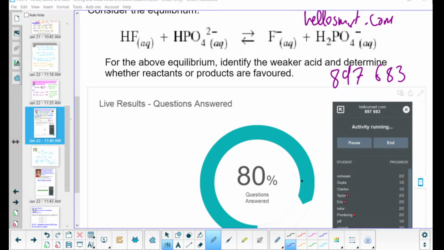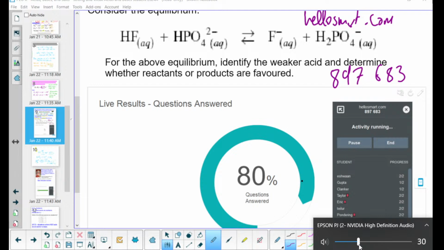Come on, 80%. Last 20%. Let's go. Turn it off, I can't hear it. Faster. Where's the playlist?